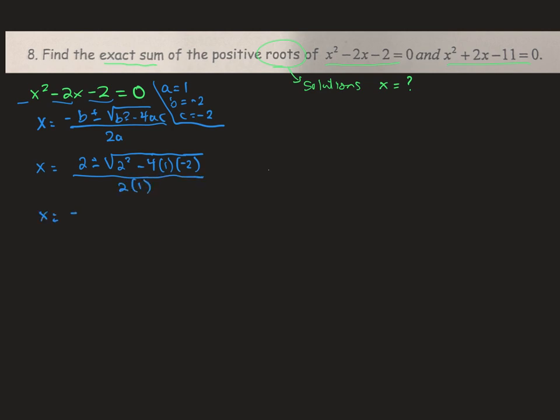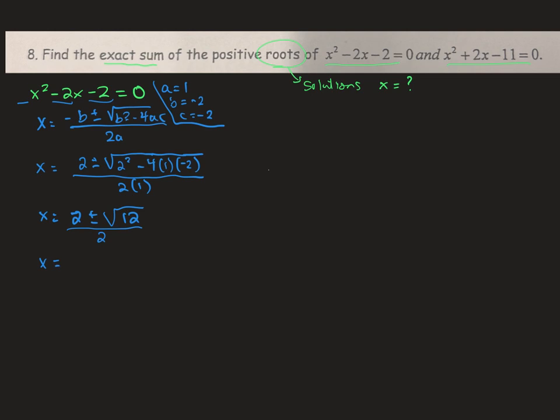All right, we're going to simplify what's underneath the radical first. So 2 squared is 4, and then -4 times 1 times -2 would be +8. So 4 plus 8 is 12, or you can just put the thing under the square root in the calculator if you want. Okay, that's all over top of 2.